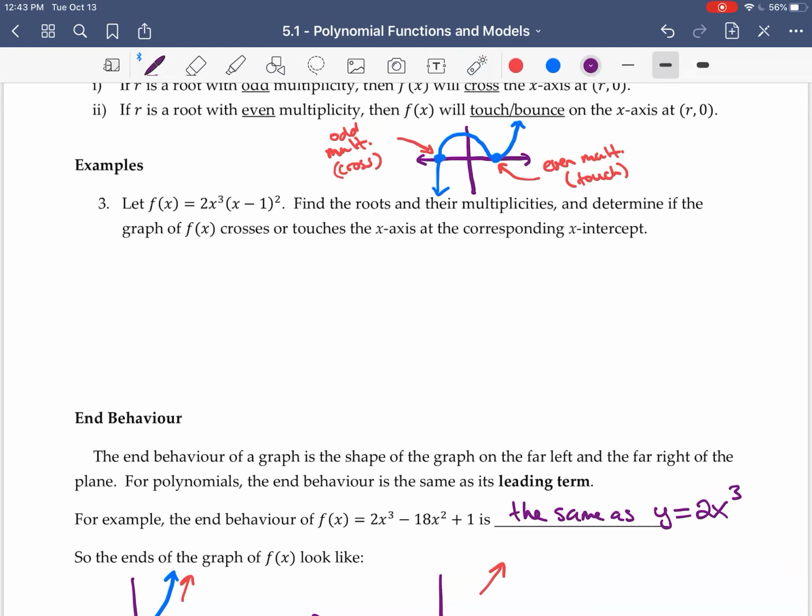To find the roots, we want to set f of x to be 0 and solve where f of x is equal to 0. That's going to be when each of these bits is 0. The 2 can't be 0. So we have two different factors.